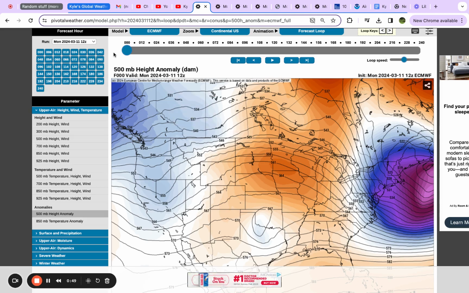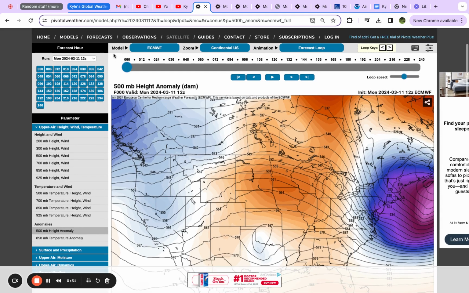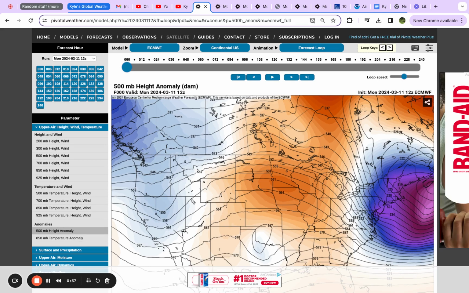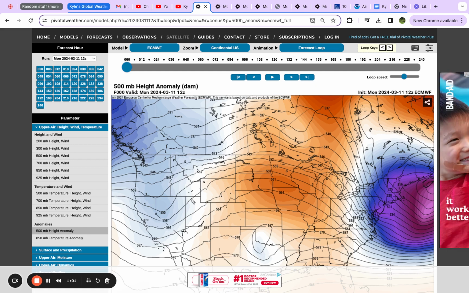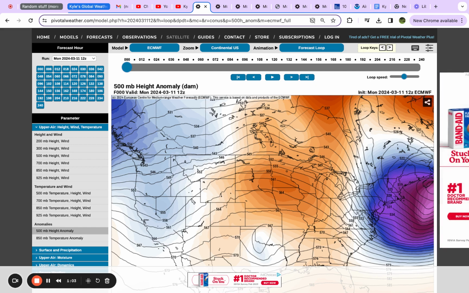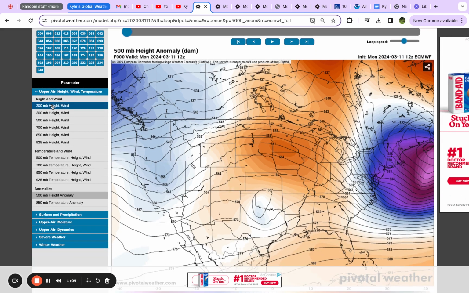So I never really explained what this website was in the previous video. This is called Pivotal Weather. And you can check so many different values, models, radars, just anything. You see we have these five or six categories of parameters on the left-hand side.